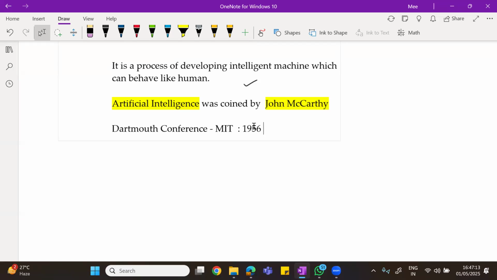Because artificial intelligence is one of the technologies which requires a lot of data. I told you, it is completely data oriented. And you imagine, in 1956 technology was not evolved and there was not enough data, and there were not enough gadgets to generate the data.